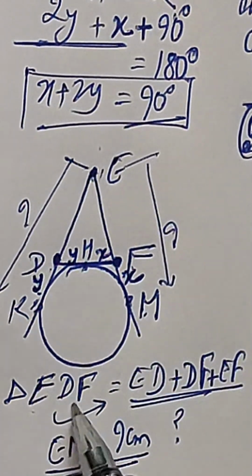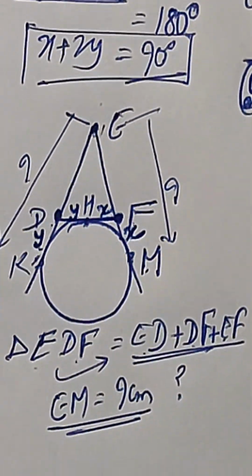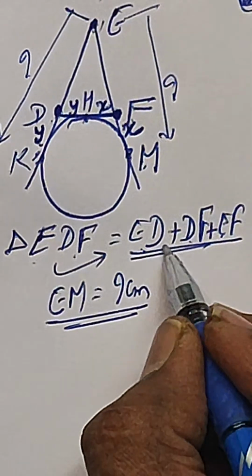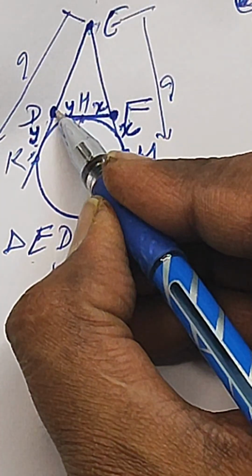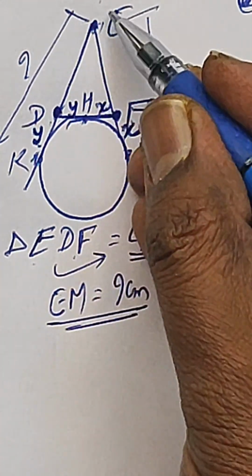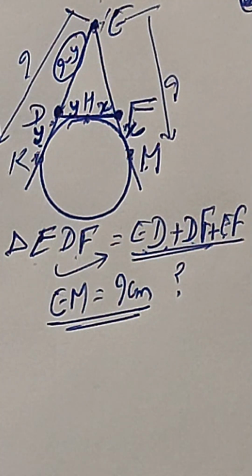So the perimeter of triangle EDF is ED plus DF plus EF, right? So what we will do, simply, instead of ED, can we write, if DK is y, then ED is 9 minus y.